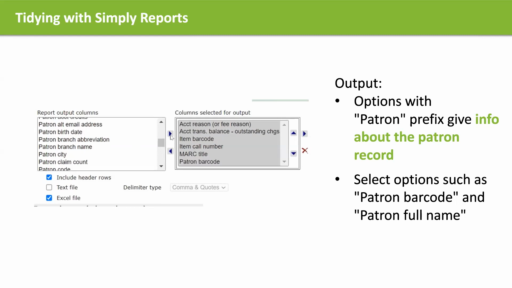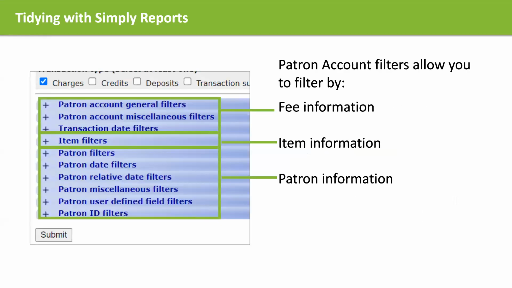Now for the filters. So with patron account reports, there are three main categories of filters. Ones that allow us to filter based on fee qualities, which are these patron account or transaction date. Ones that allow us to filter based on item qualities, which are no surprise found under item filters.